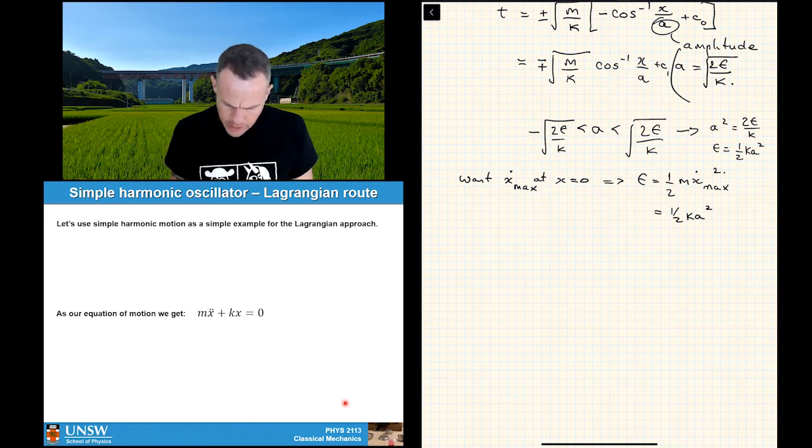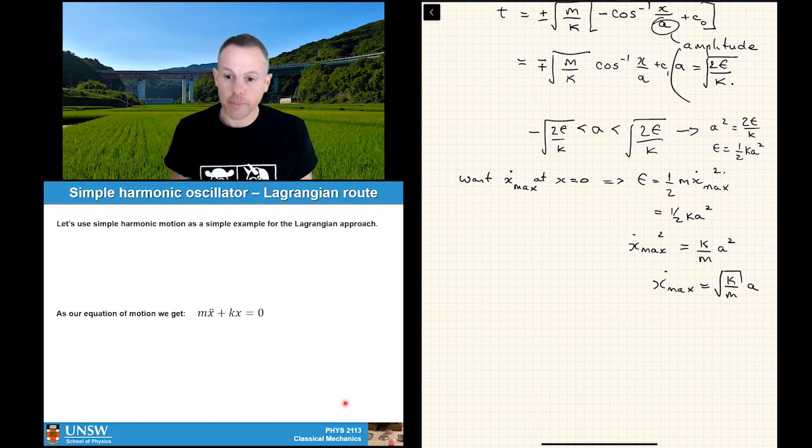So we can now take these two expressions here, the two halves cancel out, and so our x dot max squared will be equal to k on m a squared, and so x dot max will be square root k on m a, right? And we can take this even one step further if we want.